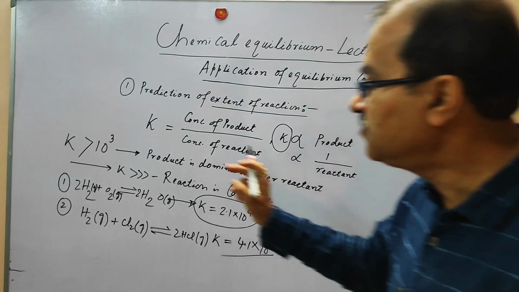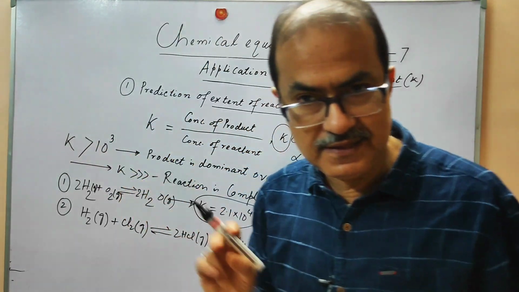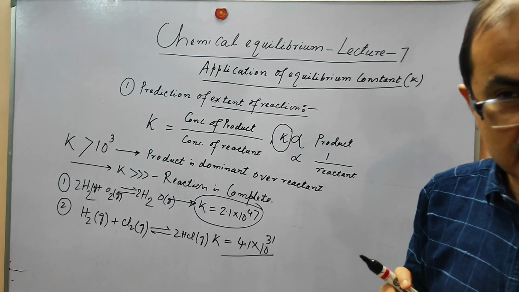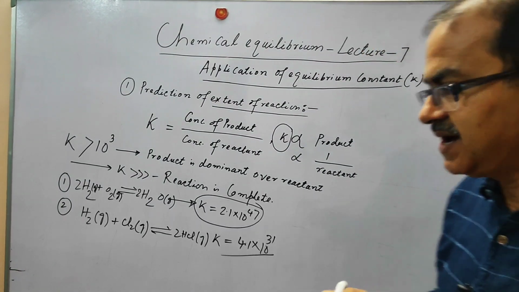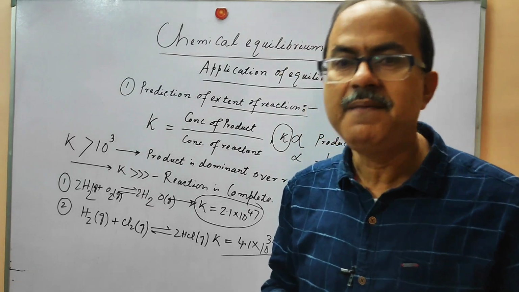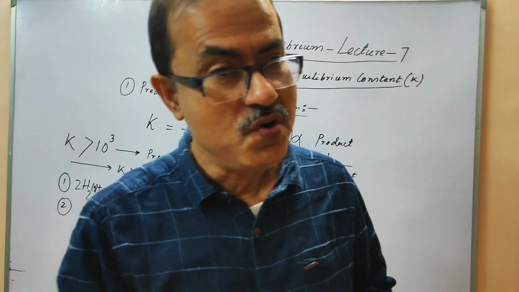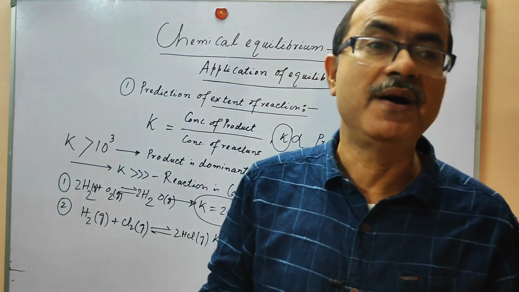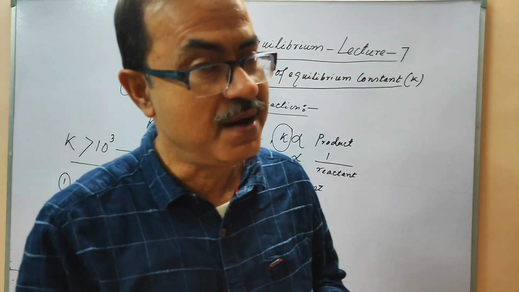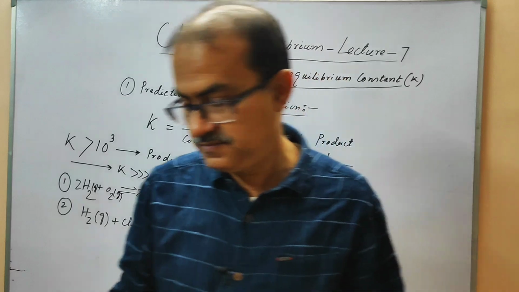Now we see when K value is greater than 10^3, and another thing we are going to understand, if the K value is low, with an example, how it gives us information about the extent of reactions.